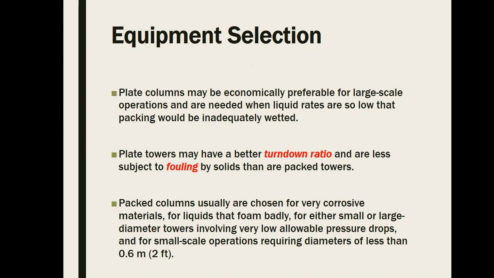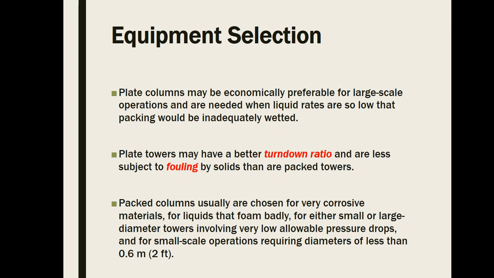Now, plate towers may have a better turn-down ratio, and since there are no packing materials, they are less prone to fouling by solids. Packed columns are usually chosen because at times the equipment may need to handle corrosive materials or liquids that foam badly.